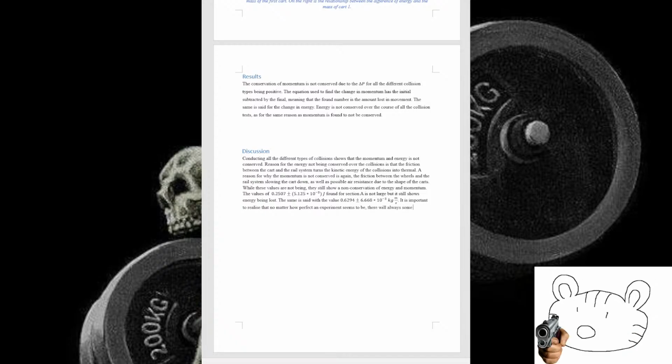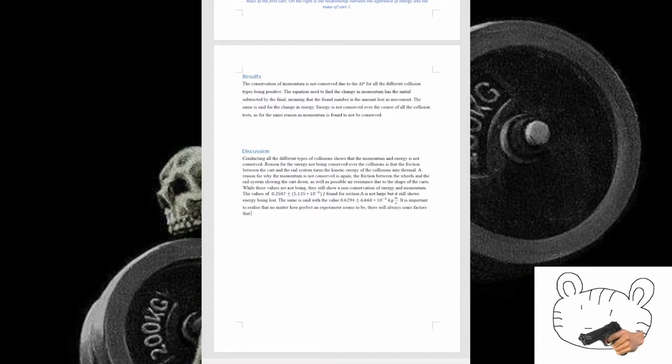These be some factors that you cannot completely exterminate from an experiment.